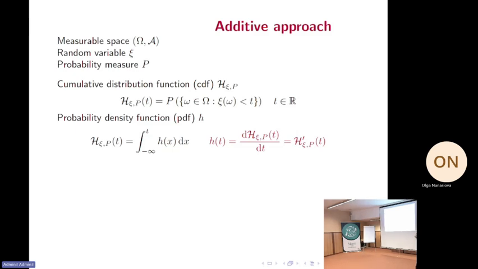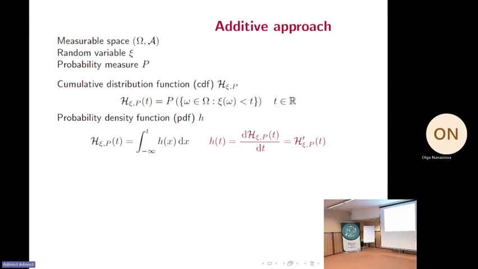It aggregates the information about the probability measure and the random variable in this formula here. And if this cumulative distribution function is absolutely continuous, then we can say that it has a probability density function and it is connected via integral or derivative.